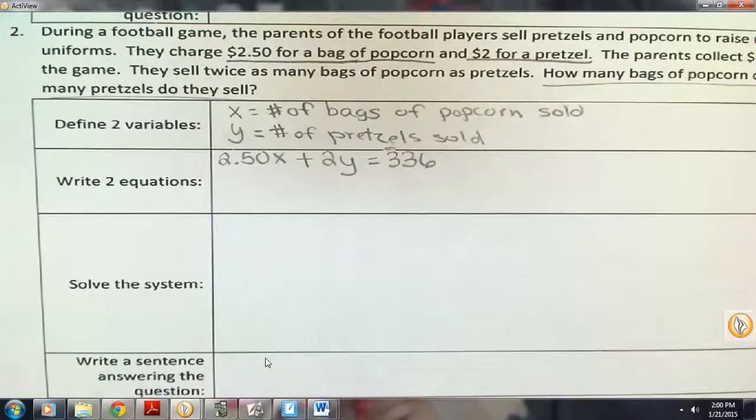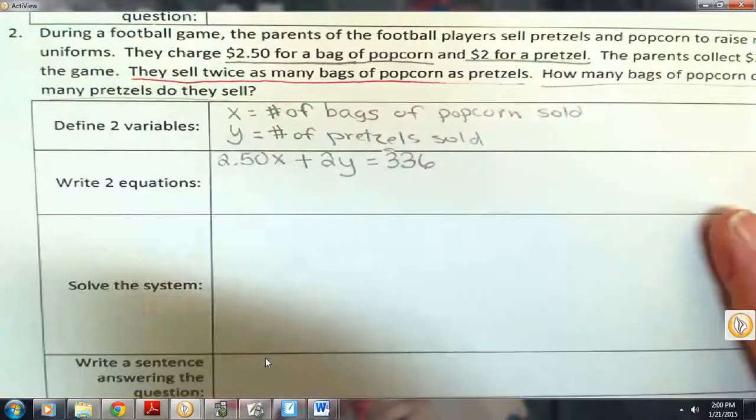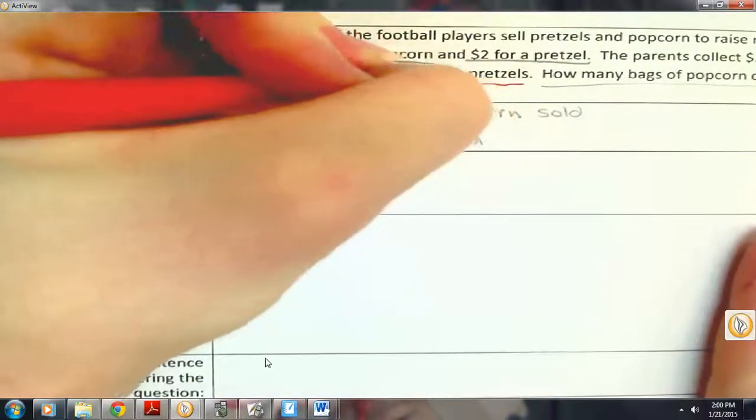Alright. What information do they give us that might help us to set up the second equation? Wyatt? It says that they sold twice as many bags of popcorn. You got it. They sold twice as many bags of popcorn as pretzels. That right there is very important, and that will help us to write our second equation.